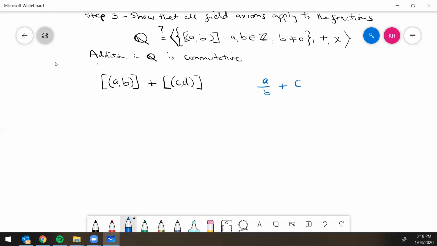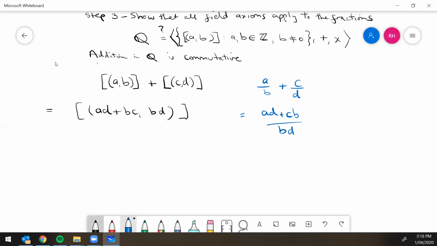I'll write here what I'm doing in normal notation. What's that? Well, this is equal to (AD plus BC, BD), that's the ordered pair. So I'll put equal there. And now I'll go over to here and say (AD plus CB, BD). Okay, this is quite cute actually.